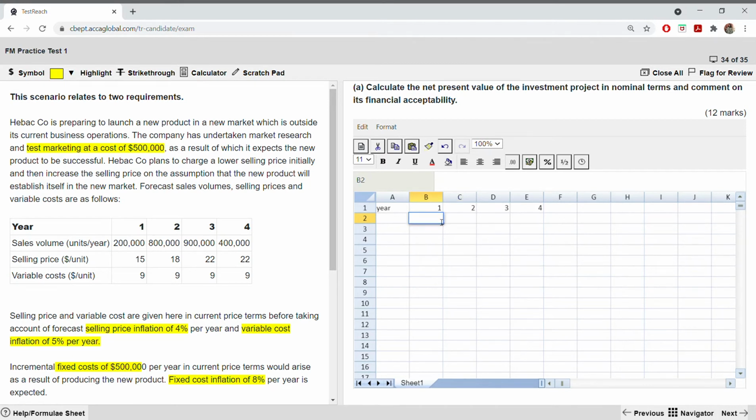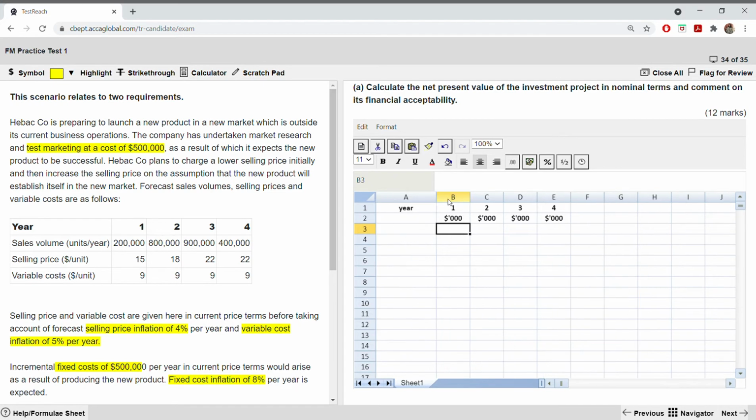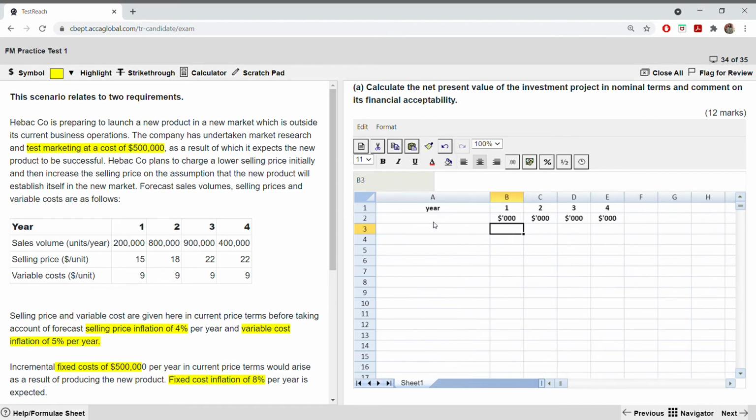What do you need to write? Dollar, comma, just put any symbol before the zeros so that it is not taken as a number. Now I'm going to do the formatting, bold and all. So what is my first item?